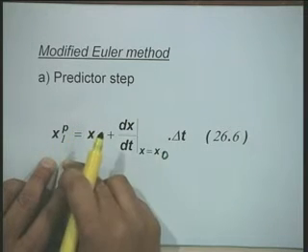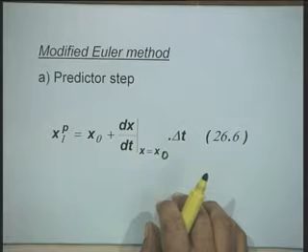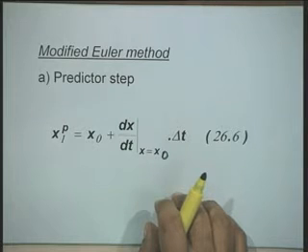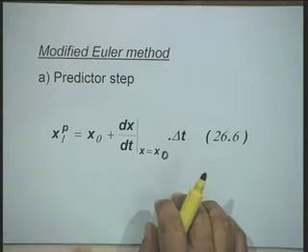Now, x1 is the value at t equal to t1. Therefore, using this predicted value we will find out the derivative of the function at t equal to t1. And using these two derivatives, on the predicted value, we will find out the corrected value of x1.